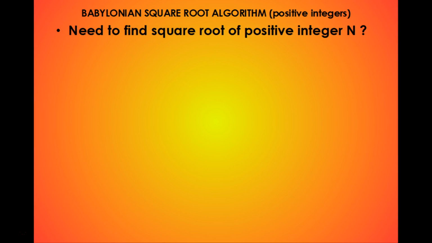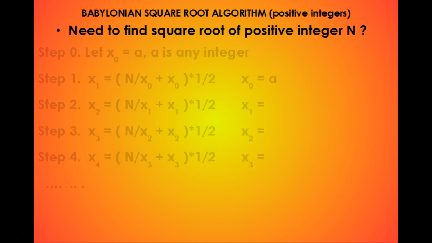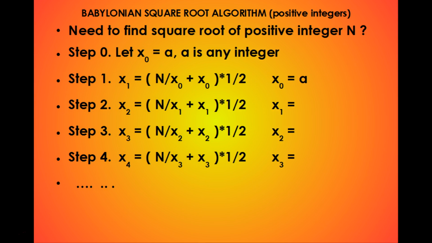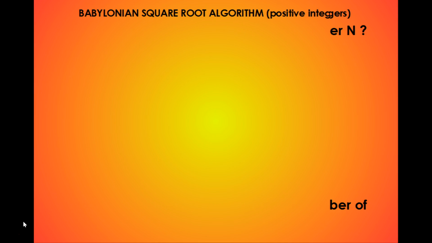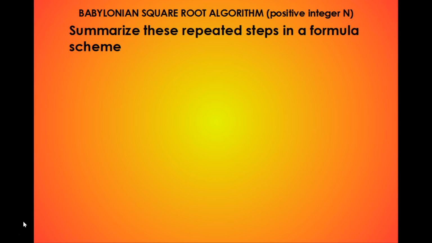Now, quick review of what we just did. We needed to find the square root of a positive integer n. We carried out these steps, and in each stage, the value that was used in the calculation in each line was got from the previous step. And we continued until we had the desired number of digits accuracy. Now, we can summarize these repeated steps in a formula scheme.